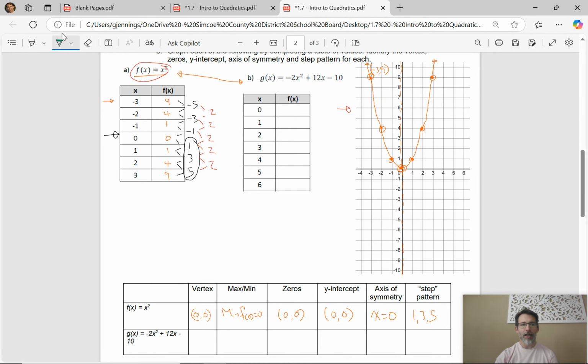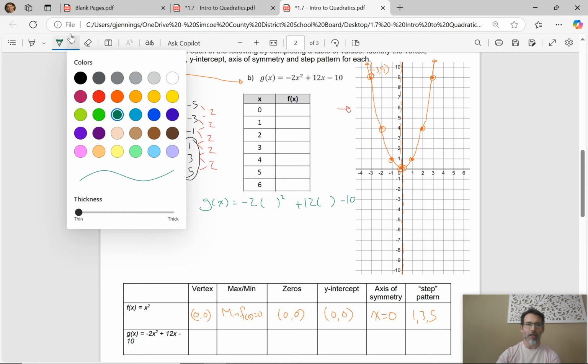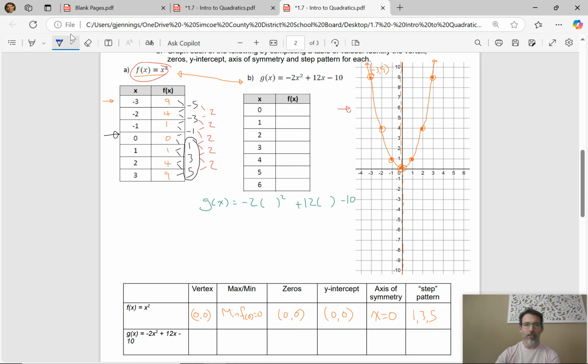All right, now let's do the next one in green, since I happen to have my green pen up. What I would do is just copy out g of x is equal to negative 2x squared plus 12x minus 10. And then, so I can visualize it, take these numbers. Okay, 0 is really easy. 0 squared is 0, times something by 0, it's 0, so that's minus 10.